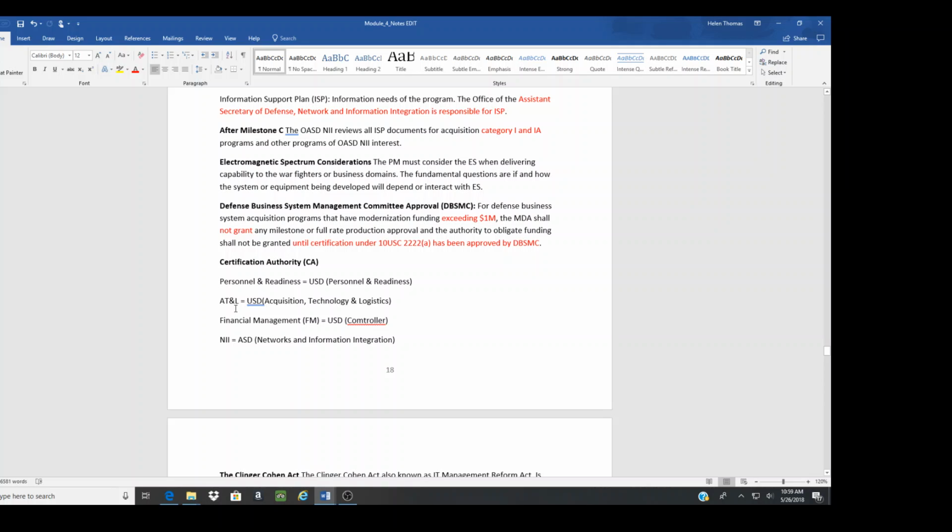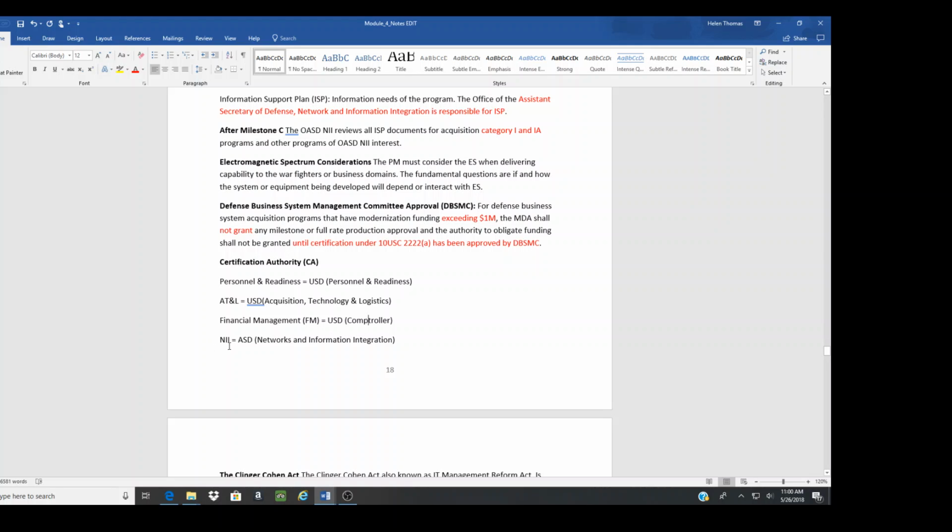Acquisition, Technology, and Logistics, USD AT&L, Under Secretary of Defense for Acquisition, Technology, and Logistics. Then the comptroller, with a P, financial management. Again, the certifying authority, who you send it to, whoever your subject matter expert is, to put their signature to say that they also reviewed it. So you have your USD Comptroller.